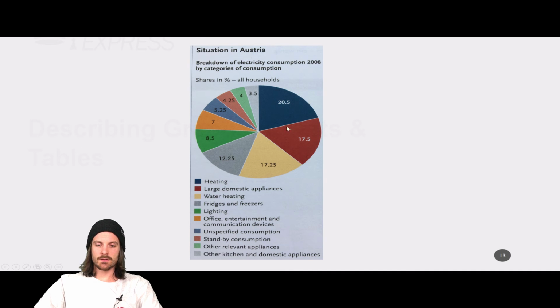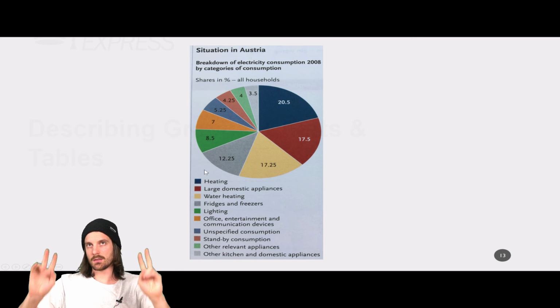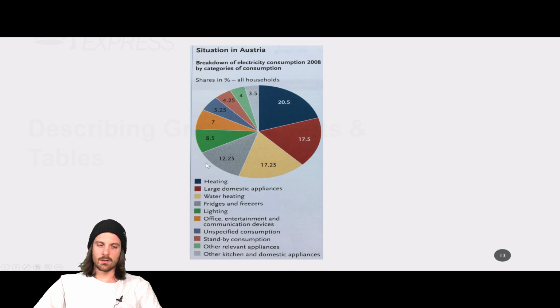Fridges and freezers, so compared to the fridges and freezers, which take up only, quote unquote, 12.25% of all shares in households. The number of heating takes up 20.5 or something.